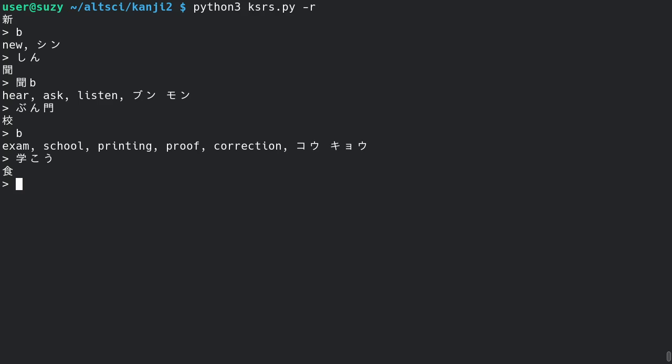So this is eat. So like taberu and tabemono. So that's the kunyomi reading. So let's find out the onyomi reading. So that is eat, food. Yep. So shoku. And I could have remembered that from shokuji. And then chiki. So shoku.